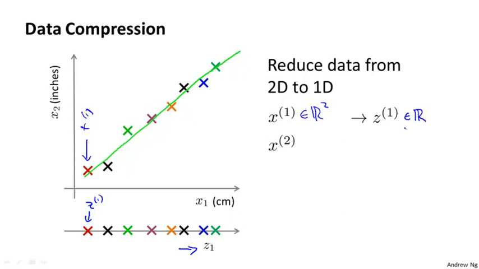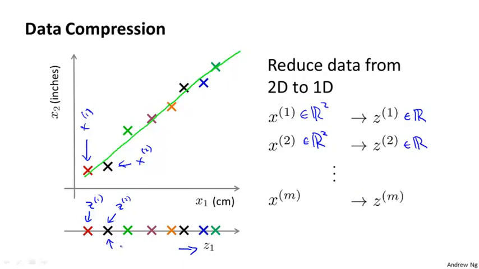And similarly, if x2 is my second example there, then previously this required two numbers to represent. If I instead compute the projection of that black cross onto the line, now I need only one real number, which is z2, to represent the location of this point on the line.